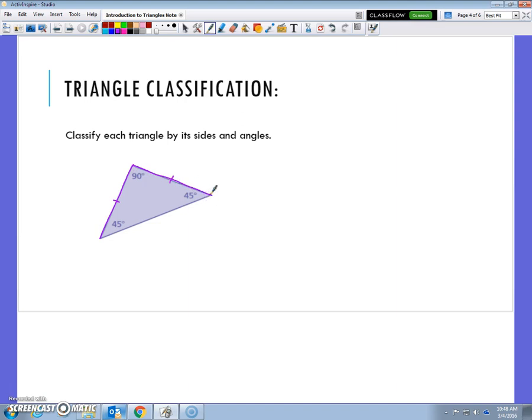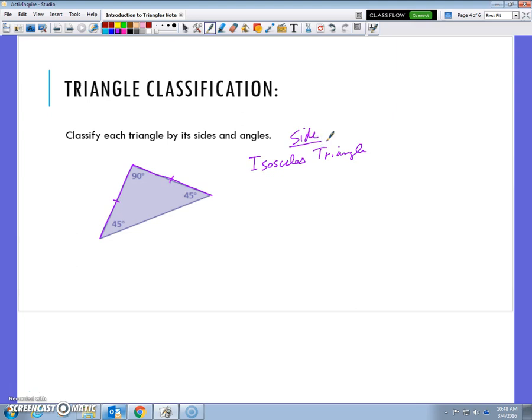So if I think about which triangle, and you can look on your chart, I'm not going to go back, but you can look at it, and I think it's on the front side of your notes there. If there are 2 sides that are equal, same distance, then I know it is an isosceles triangle. So I'm going to start with saying isosceles triangle. All right, that's how I would classify it by side. I would just look at the side lengths.